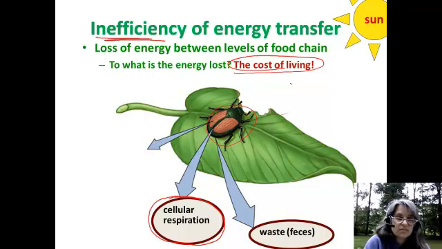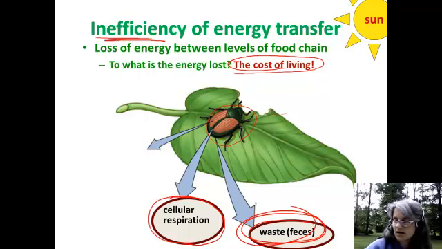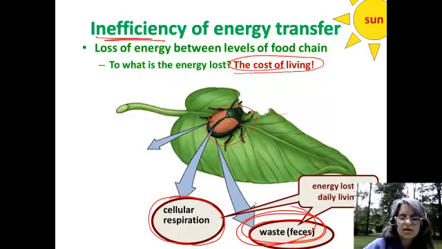You're doing this process all the time. You eat food, your cells take it and turn it into energy so you can do things like listen to this fascinating podcast. Also, you lose a bunch of your energy you get as just waste. So that's a shame, but there you go. So these are just daily living. And so that energy is lost.